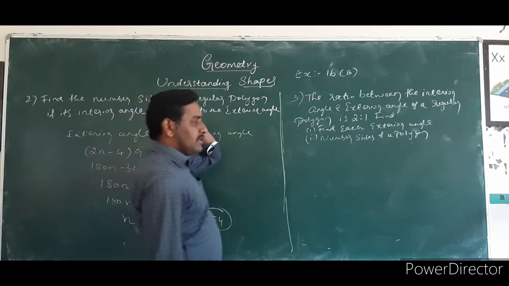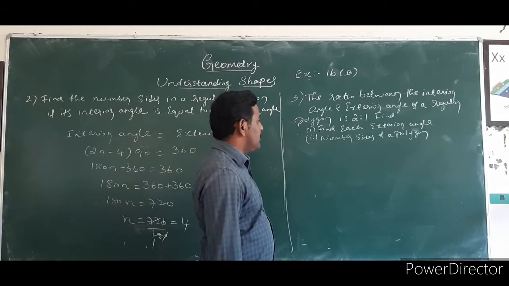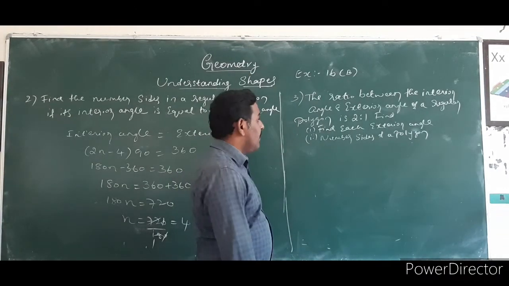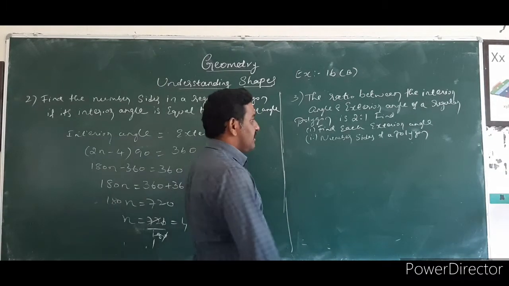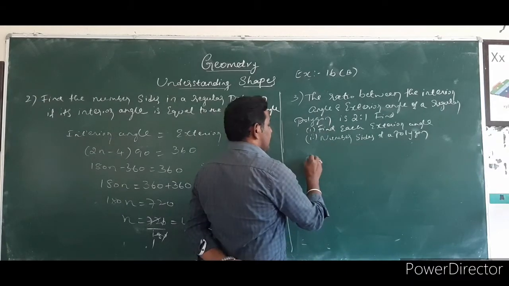Next one. The ratio between interior angle and exterior angle of a regular polygon is 2:1. Find each exterior angle and the number of sides. So they are given the ratio between interior angle and exterior angle.